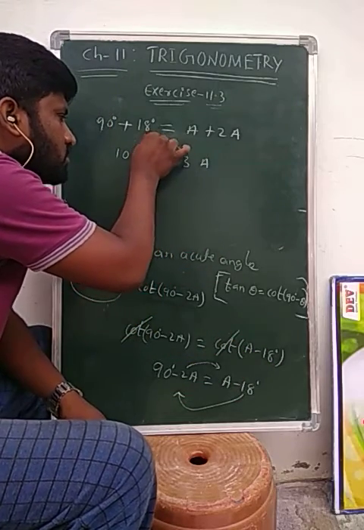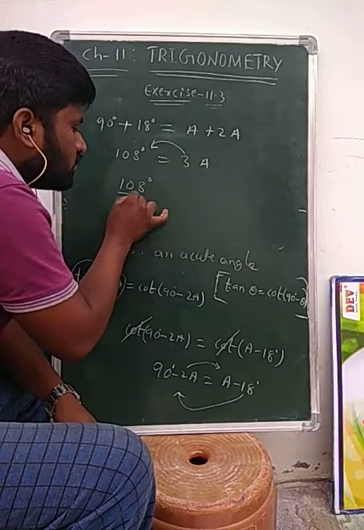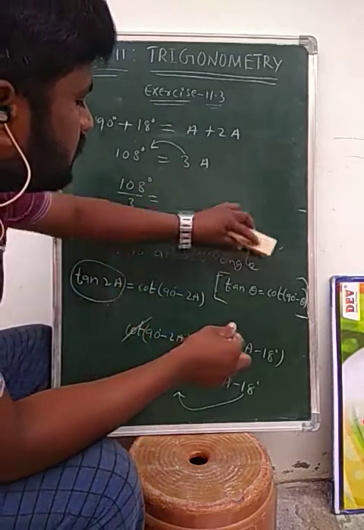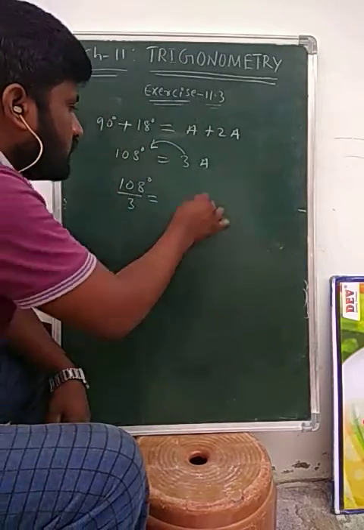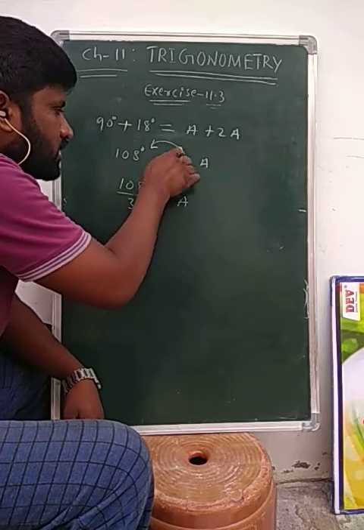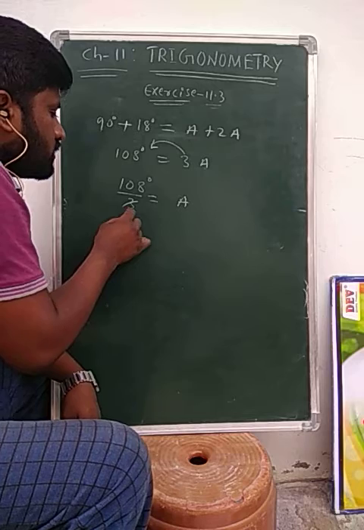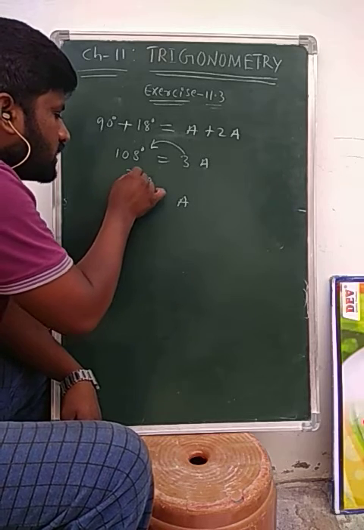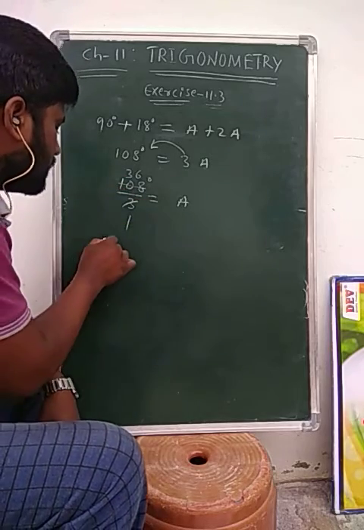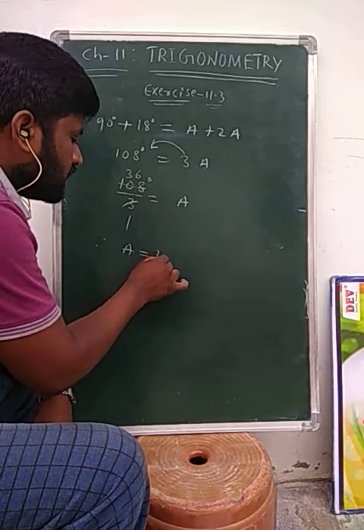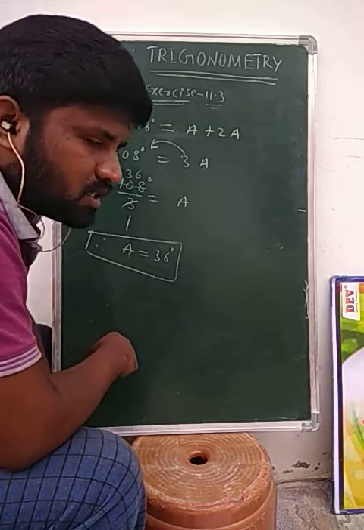So 3 is transposed to the RHS side. 108 degrees by 3, multiplication quantity becomes division quantity, is equal to a. 3 ones are 3, 3 threes are 9, 3 sixes are 18. So 3 thirty-sixes are 108. Clearly we get a is equal to what? The value of a is equal to 36 degrees.